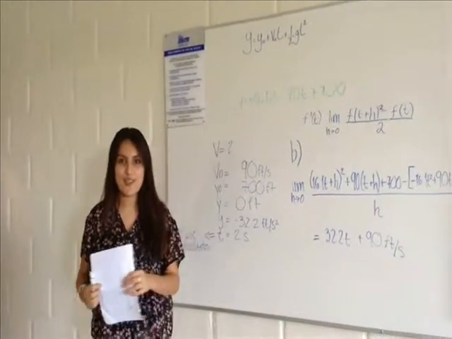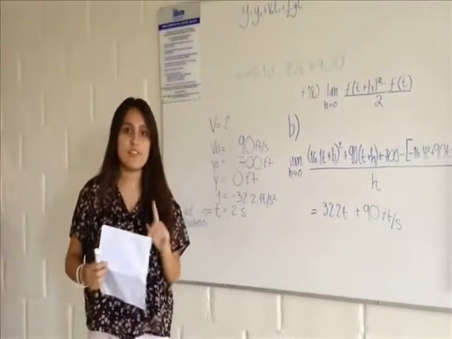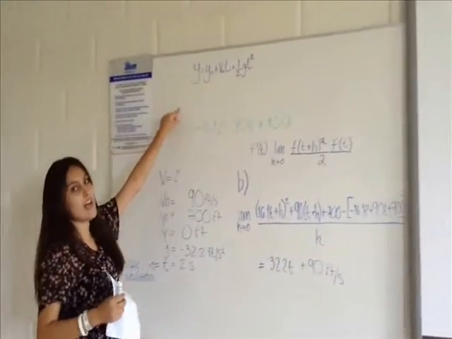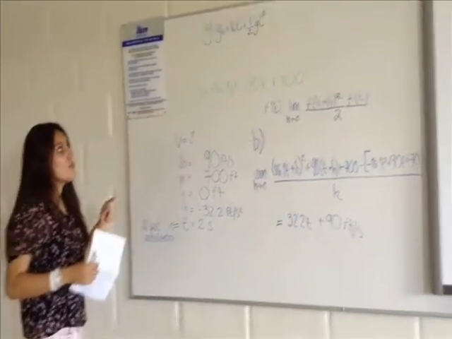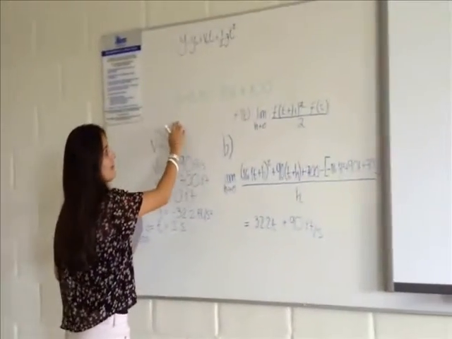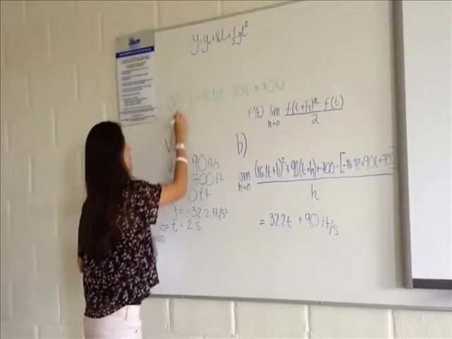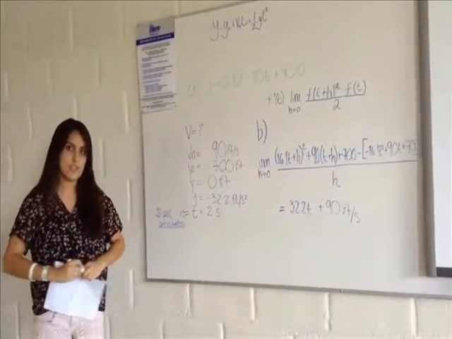I'm going to explain the first instruction of our problem. First of all, we need to know that this is our mathematical model, which is going to bring us the answer to letter A, where we need to find the position equation.